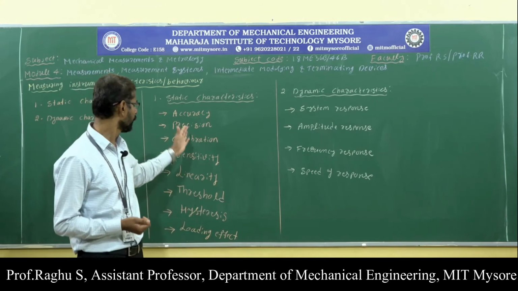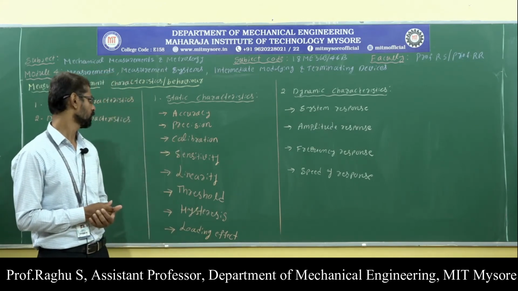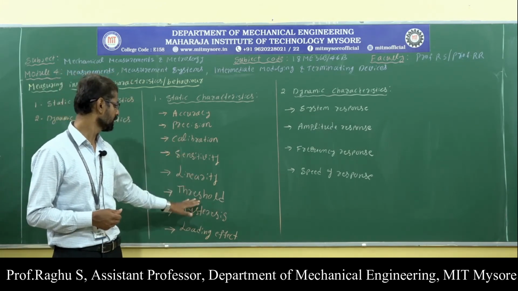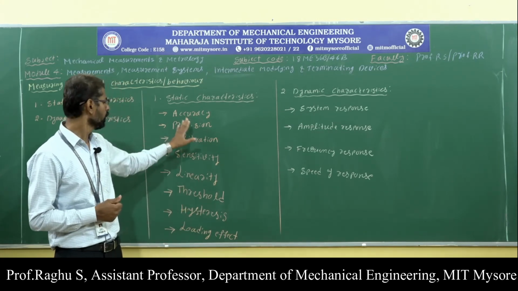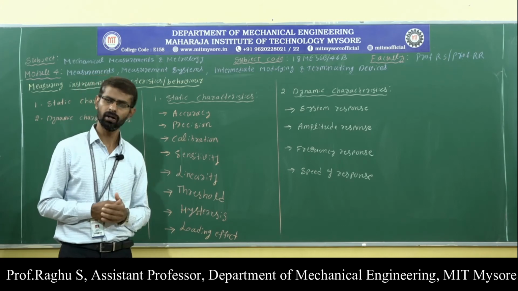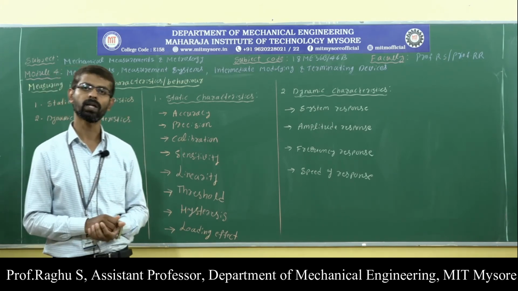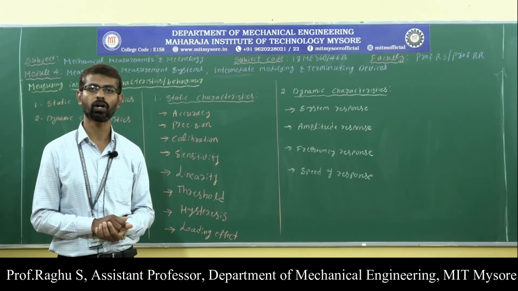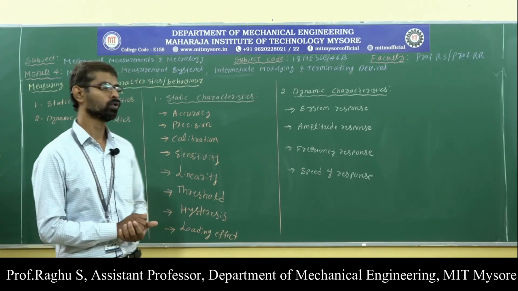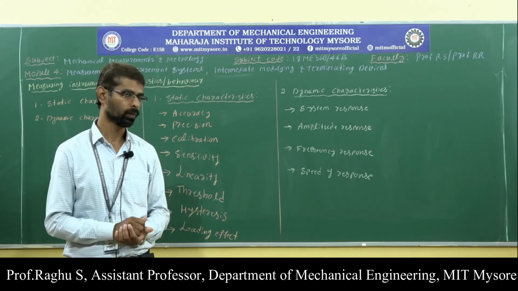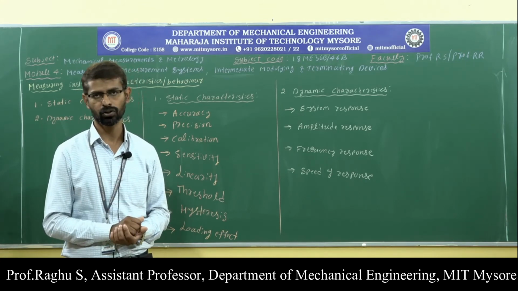Now let us discuss one by one: accuracy, precision, calibration, sensitivity, linearity, threshold, hysteresis and loading effect. Before discussing accuracy and precision, we should first know what true value and measured value mean. And before that, we should know about the uncertainty in measurement.